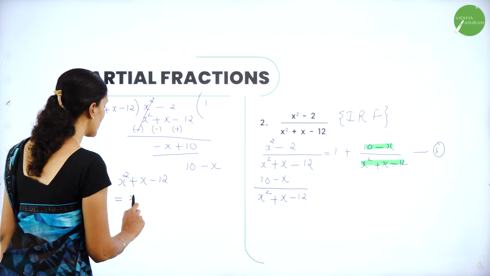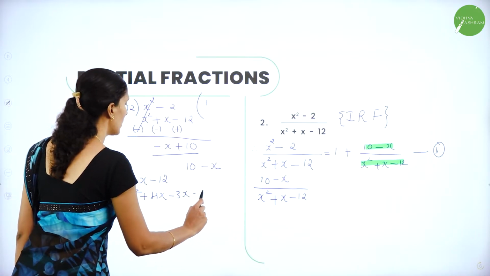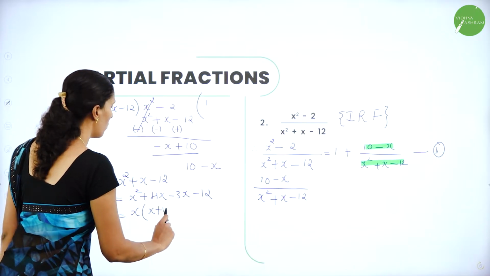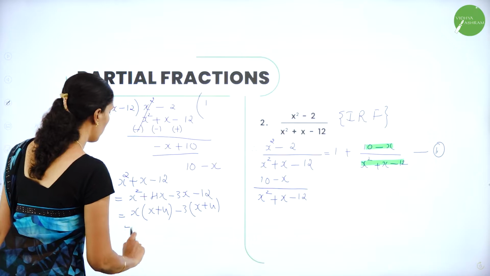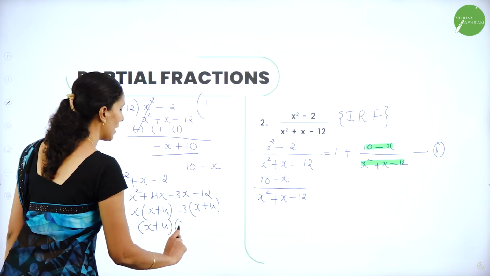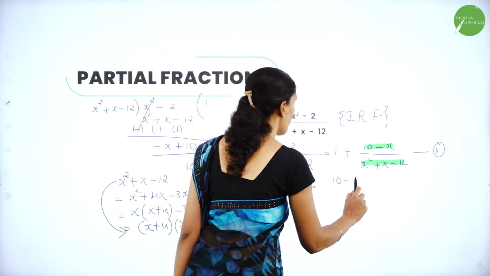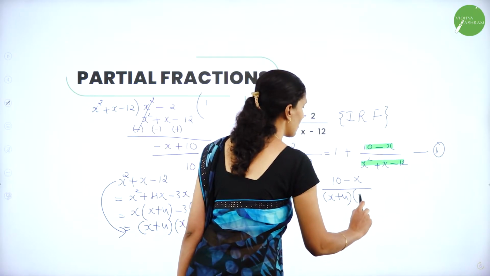So this can be written as x square plus 4x minus 3x minus 12, so it is x into x plus 4 minus 3 into x plus 4. Therefore this can be written as x plus 4 into x minus 3. So this is now 10 minus x divided by x plus 4 into x minus 3.